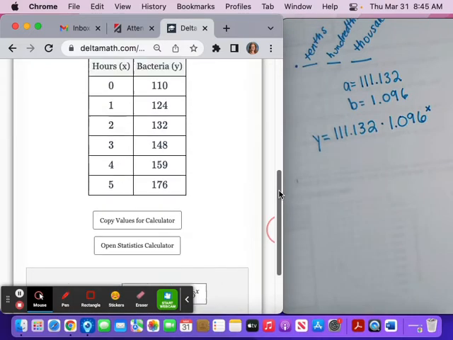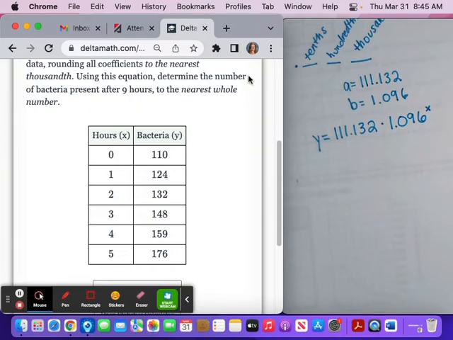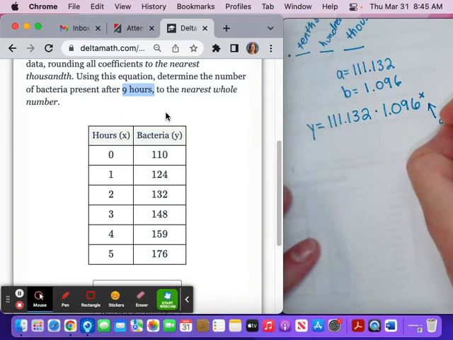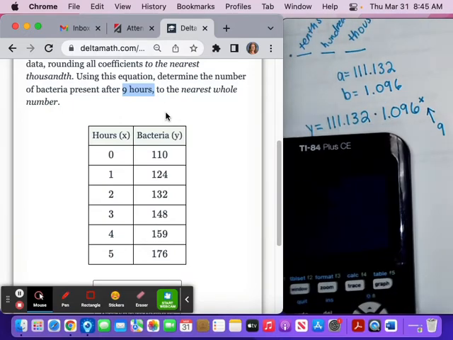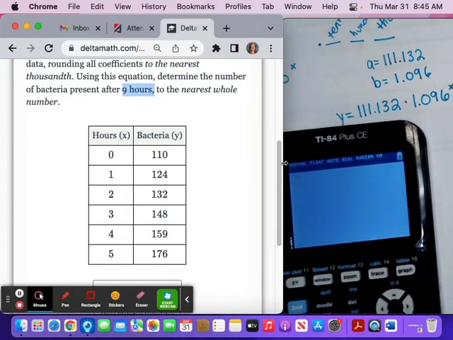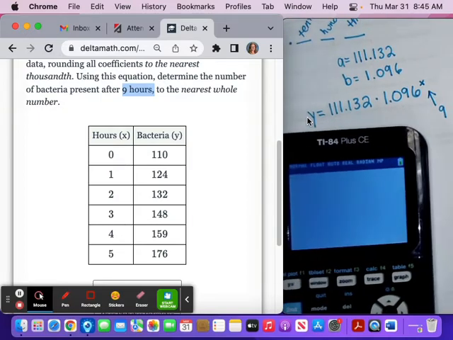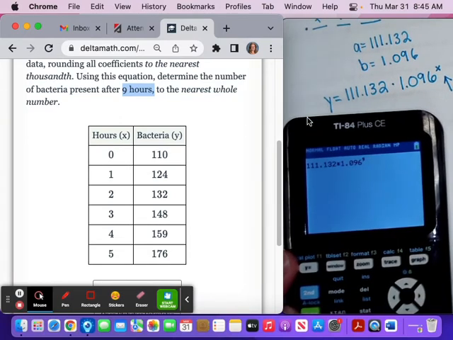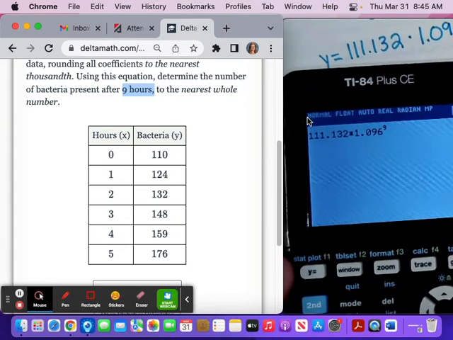The second part was the part that said, using this equation, determine the number of bacteria present after 9 hours to the nearest whole number. So remember, x represents hours. So we are going to substitute in 9 for x. So plugged in.